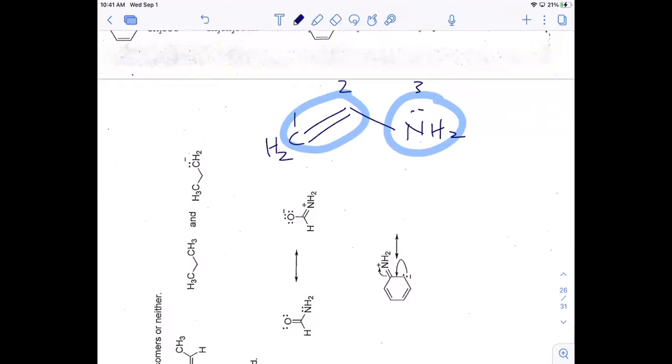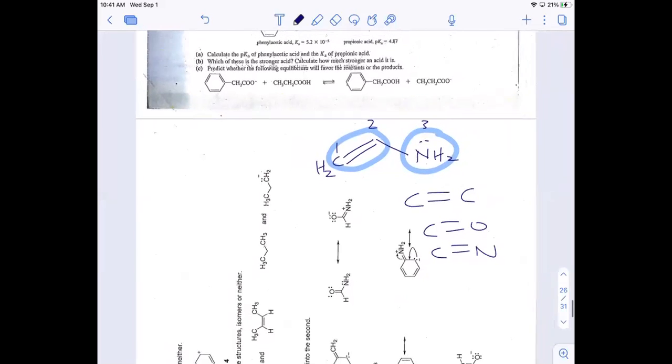I can't have a pi bond without 2 carbons or two atoms to make it up, right? So a pi system is always going to be composed of 2 atoms. Okay. Good question. All right, let me erase that.